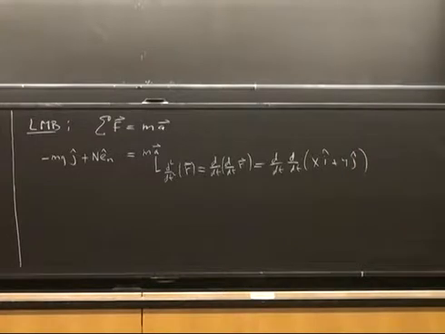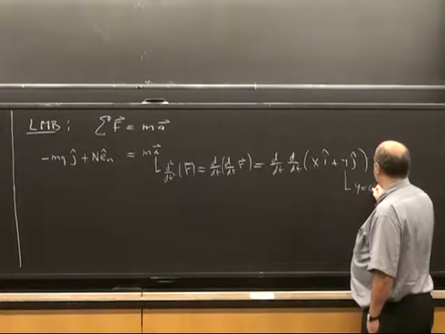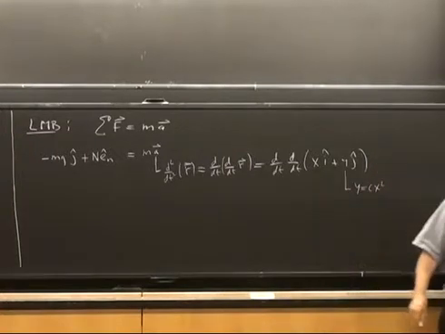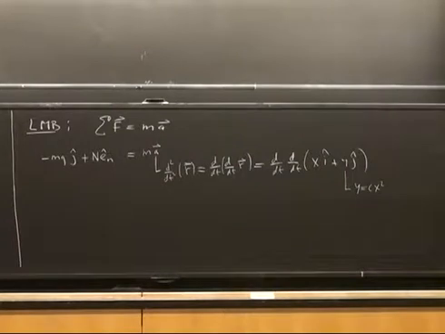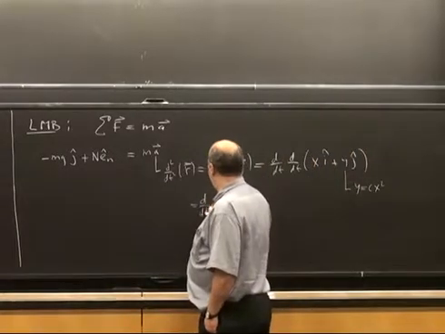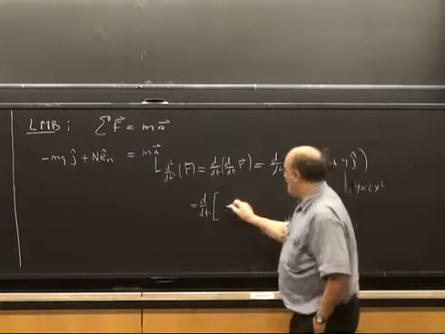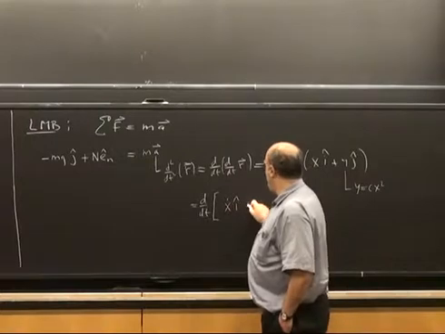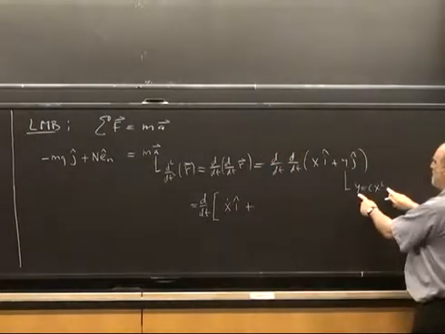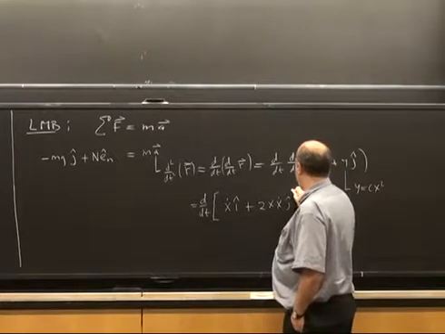That's the acceleration. But we know that we're stuck on the curve y equals c x squared. So if we know what x is, and we know what y is, and presumably if we know what x dot is, we know what y dot is. So for example, this turns into d by dt of, now I'm going to take my first derivative here, that's x dot i, and then I'm going to take the derivative of this expression with respect to t, and that's 2 c x x dot j.